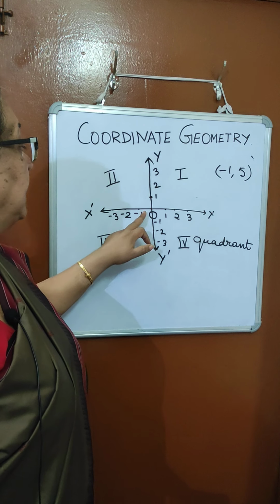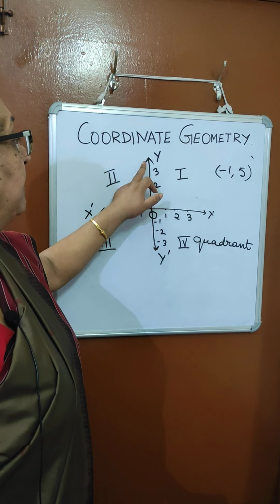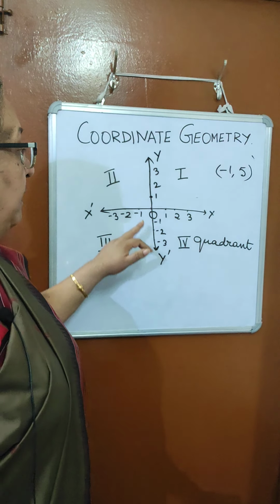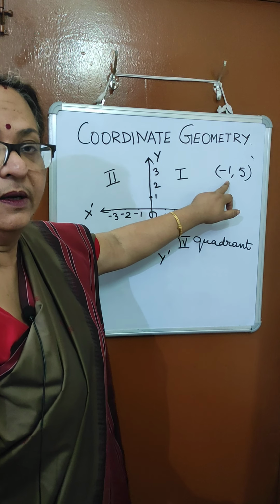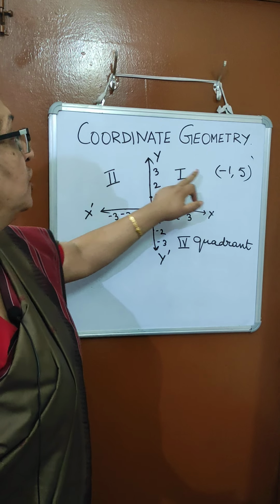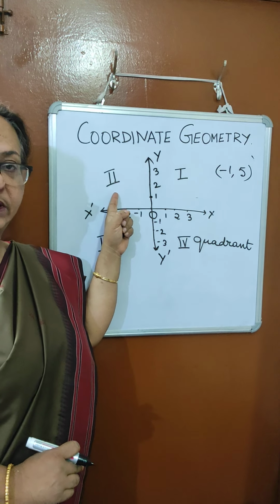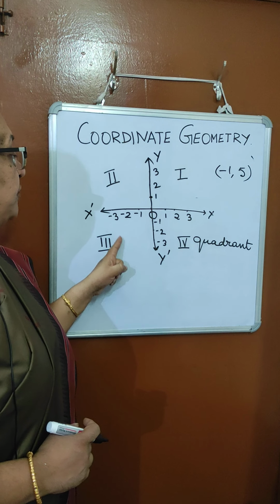Here, on the x-axis all the numbers are negative, on the y-axis all the numbers are positive. So if you have a point of the form minus and then plus, for example -1 and 5, this point will lie in the second quadrant.